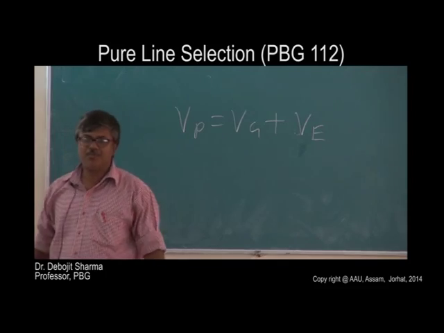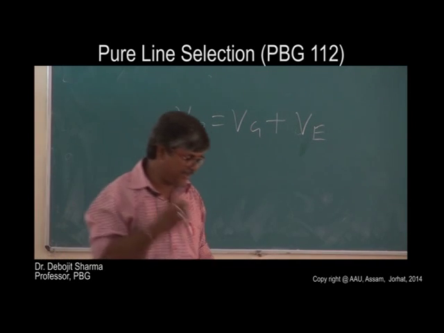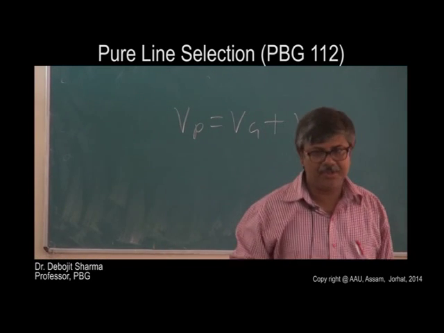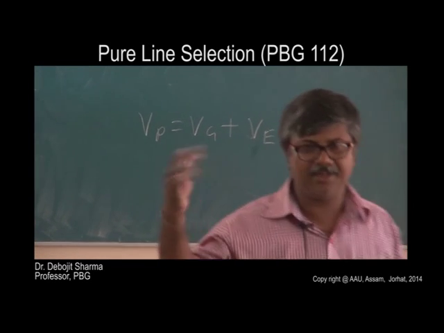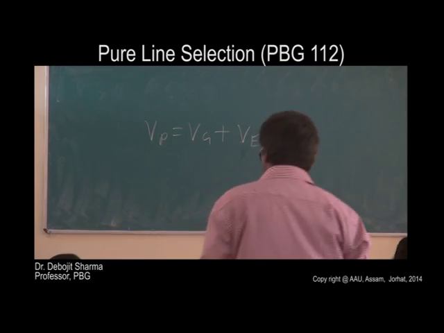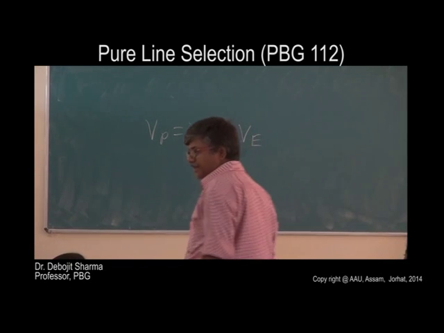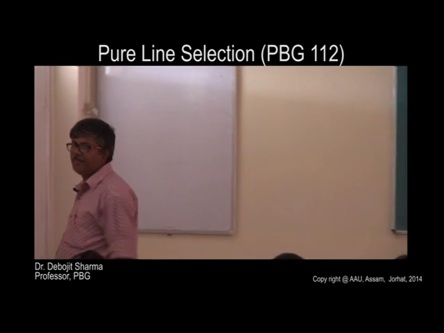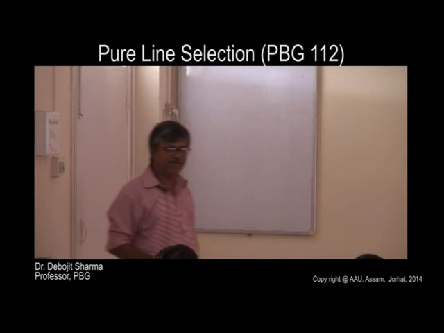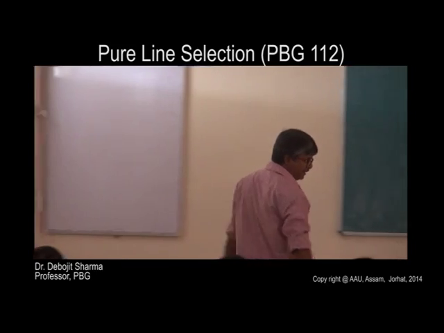We have also come to know that the portion of variation that is inherited from one generation to the other is known as heritability.